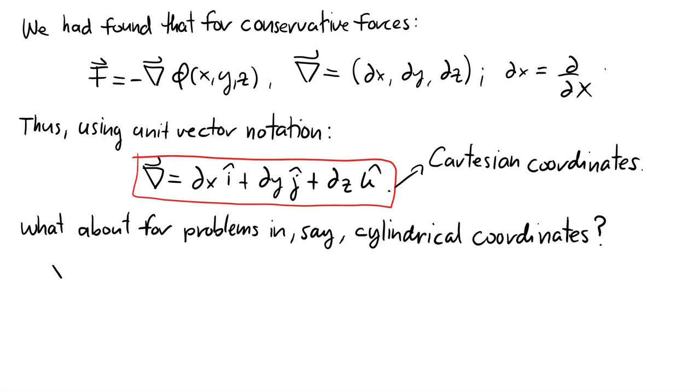Let's first remember the expressions for the Cartesian variables in cylindrical coordinates. It is important to notice that the z variable remains the same. The only variables that change are the x and y variables.